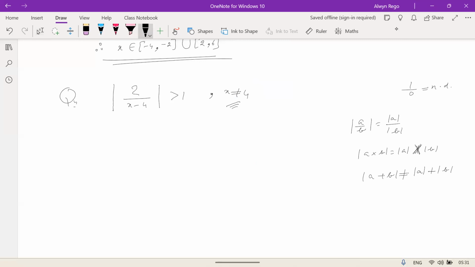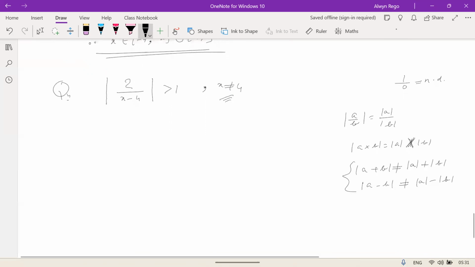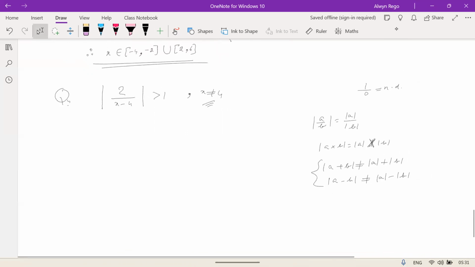And the absolute value of a minus b is also not equal to the absolute value of a minus the absolute value of b. There are some conditions where they may be satisfied, but generally only these two things are satisfied. So I can say this is the inequality that I have.